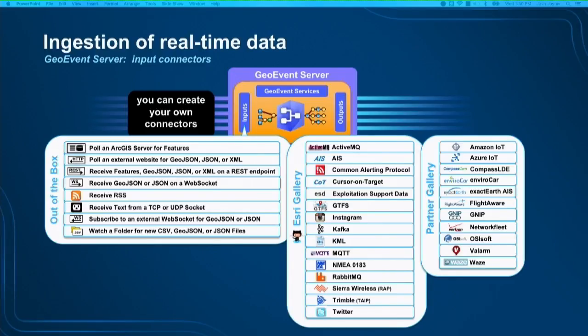You can bring in data feeds of JSON, GeoJSON, CSV file, XML data. If you're polling an external website or you're exposing some sort of REST endpoint where you can have data pushed to you. Also, if we want to communicate with the rest of the ArcGIS platform, where you want to poll an ArcGIS server or subscribe to a stream service, you can bring the data in as well, or listen to an RSS feed. You can bring in those things, as well as just reading from local files.